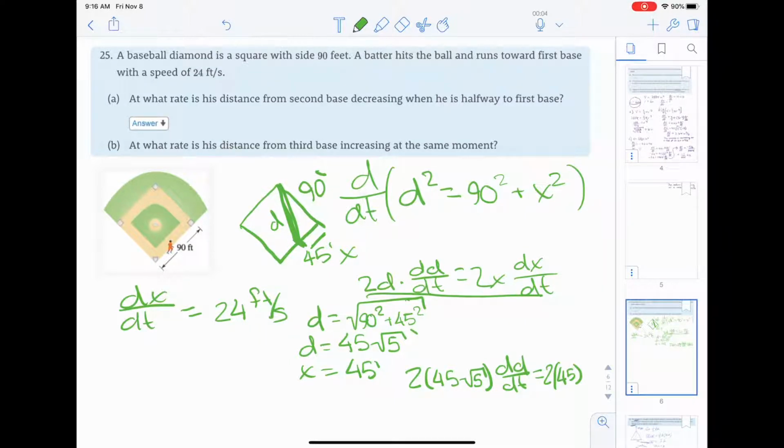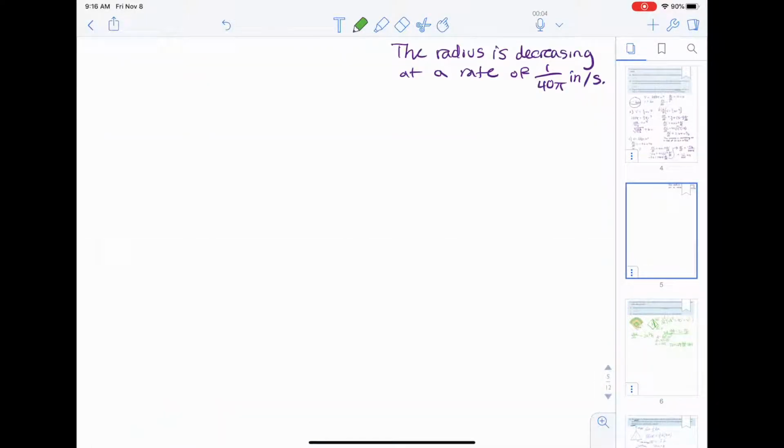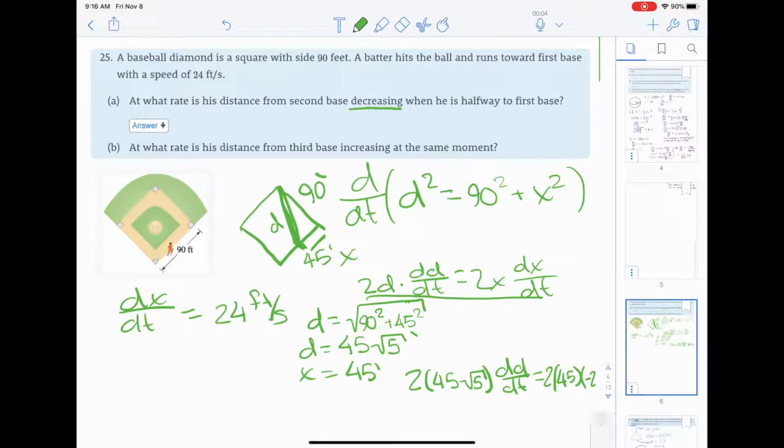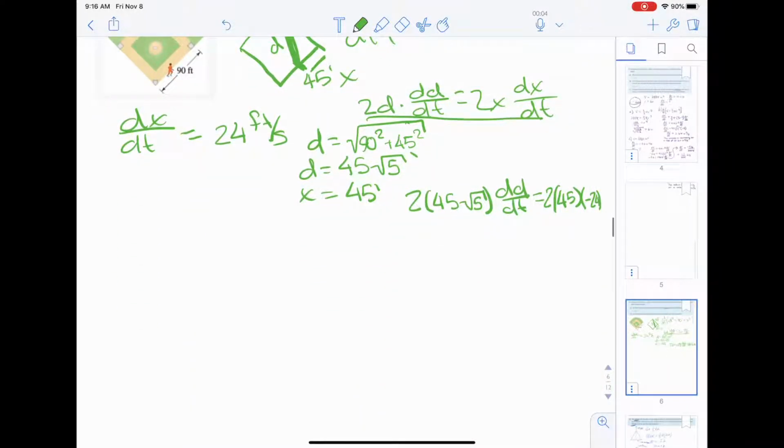And since the question is asking for decreasing, we can make that 24 a negative 24. And so now we just have to divide this 2 times 45 square roots of 5 to the other side, and we'll be left with our dD over dt.